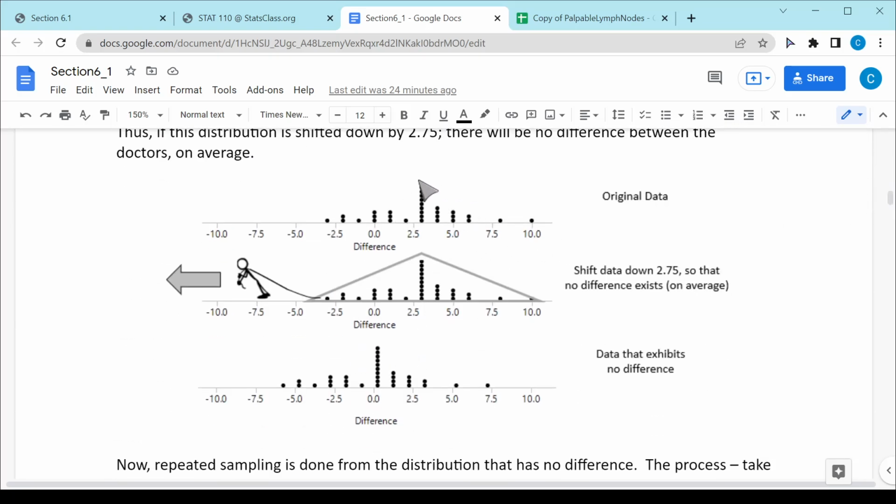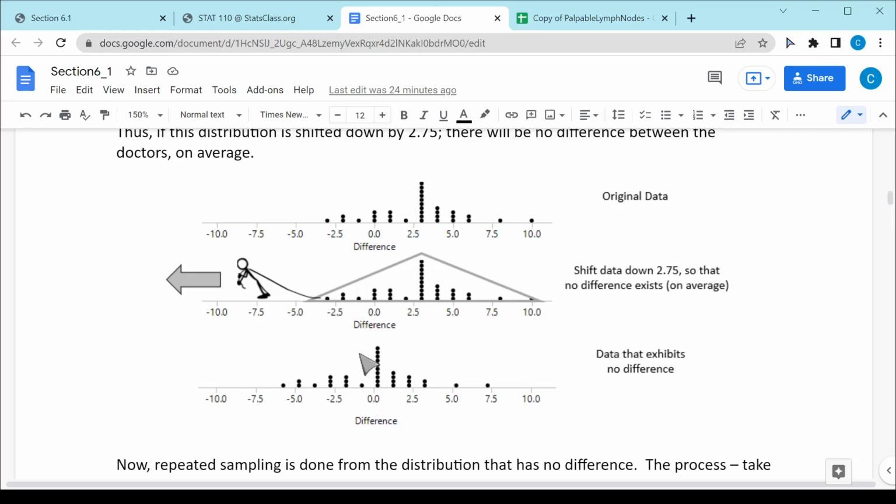We want to take the distribution I have up above and slide it so that it's centered right at 0. Now this data exhibits no difference, because on average I get a value of 0. What I've done here is just shift the data down by 2.75.